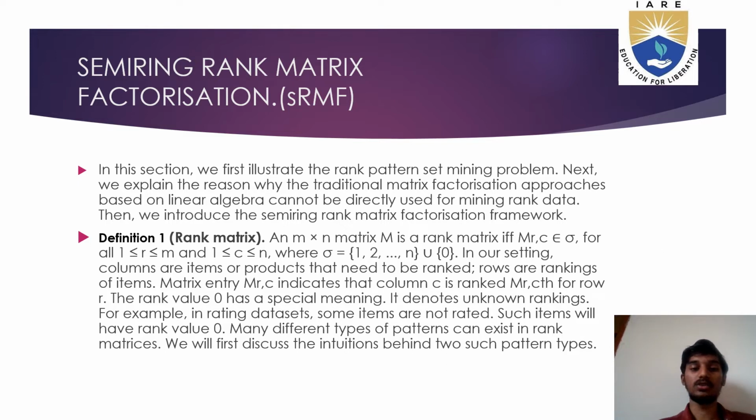In our setting, columns are items or products that need to be ranked. Rows are rankings of items. Matrix entry M(r, c) indicates that column c is ranked M(r, c) in row r.